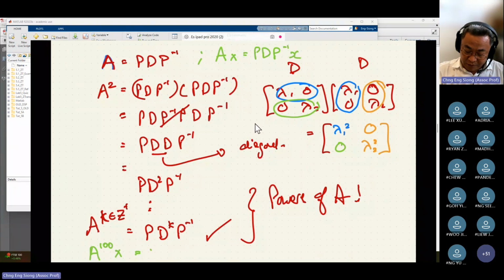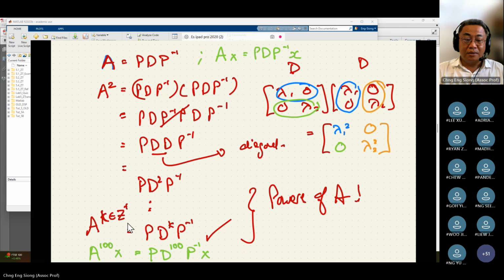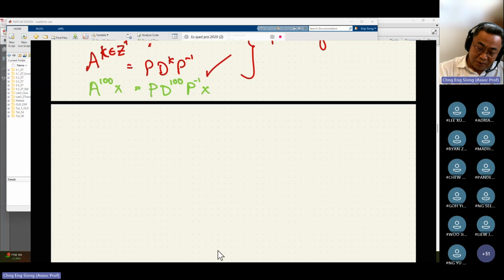So it's P D to the 100 P inverse X. Agree? No, you forgot the X, guys. A to the 100 X, you have to have the X there. Just like AX equals PDP inverse X, because this whole thing is A. So A to the power of 100 X is P D to the 100 P inverse X. So now the question is, what in the world is this doing?